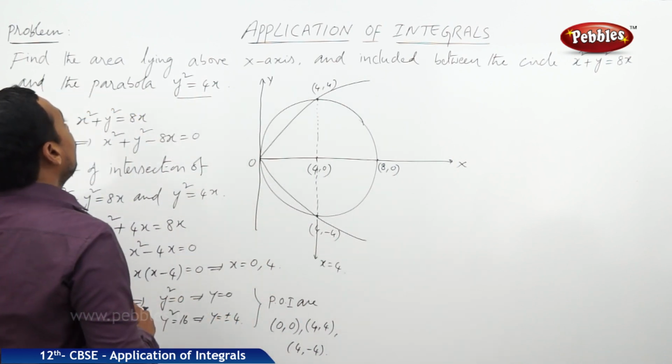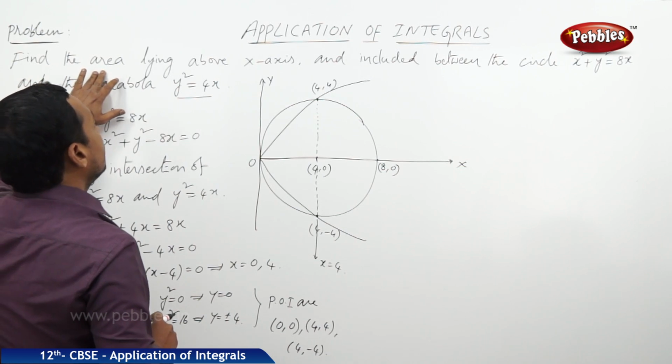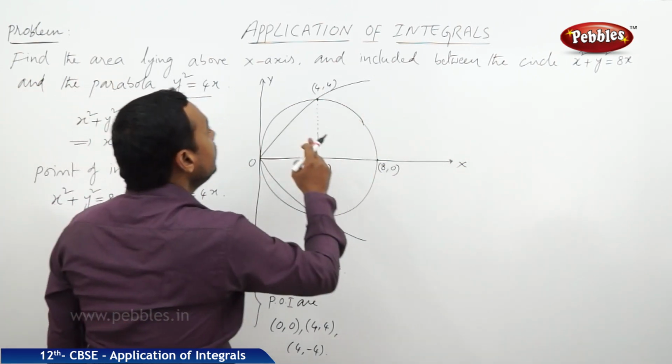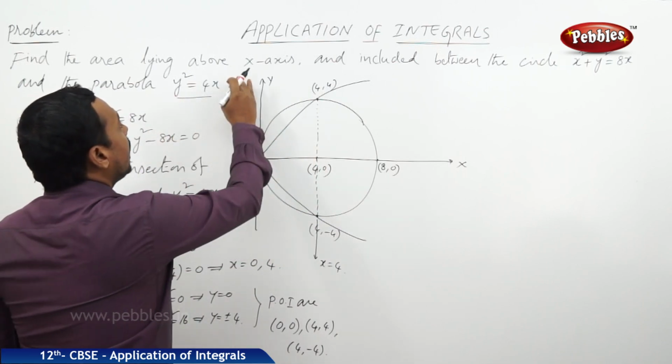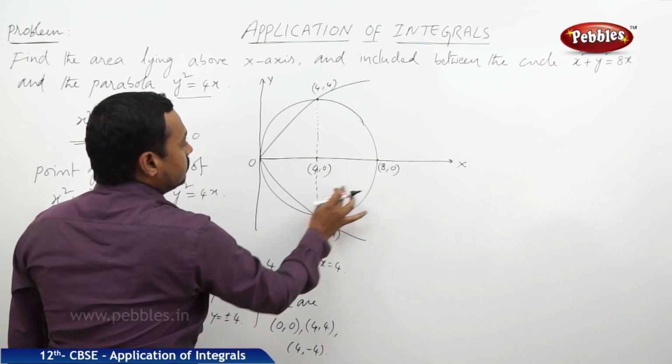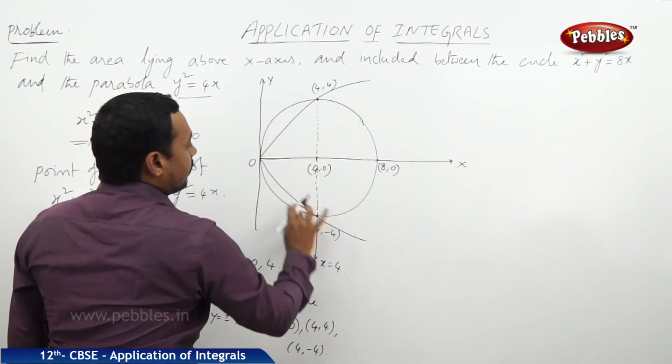Right, and now let us see the region that is included between the circle and parabola and above the x-axis. So now this is the circle and this is the parabola.